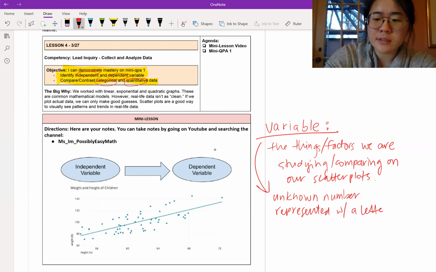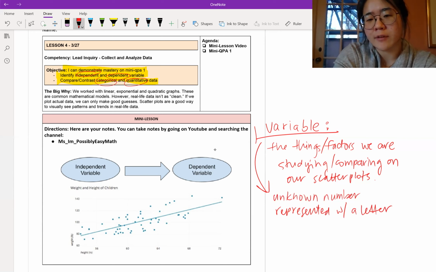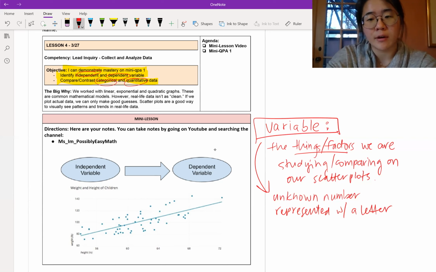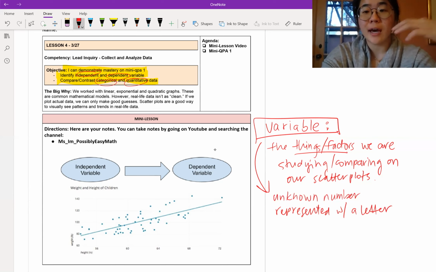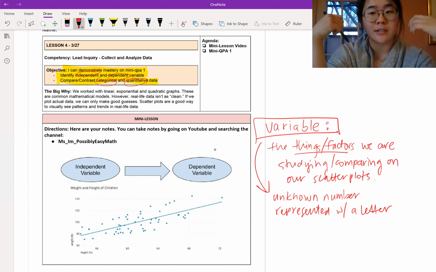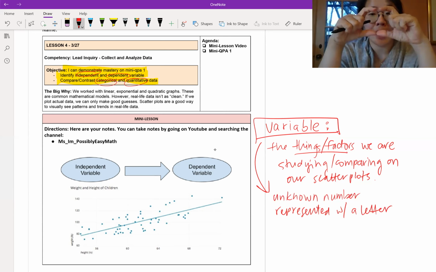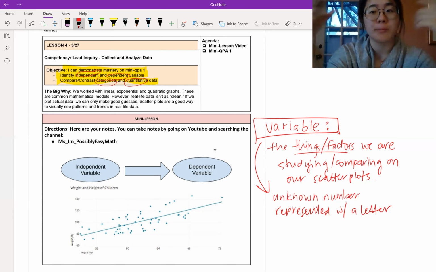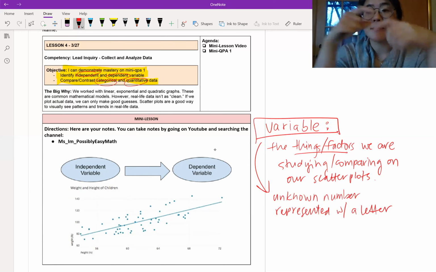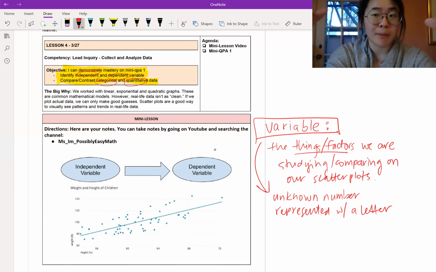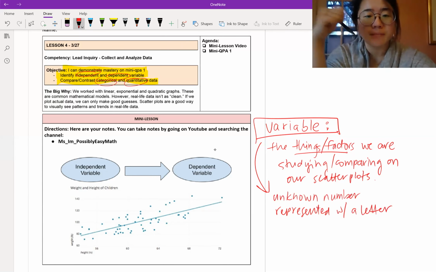But I want you guys to know that when I say variable, I'm also talking about the things or factors that we're studying or comparing on our scatter plots. So when I ask for what the variable is, it's not just a letter, but it might be an actual name or object, or it's something that we're studying, something that we're comparing. So keep that in mind.